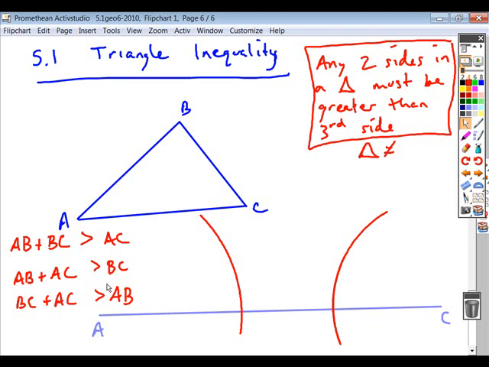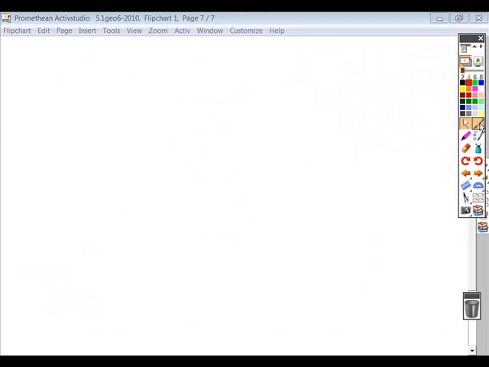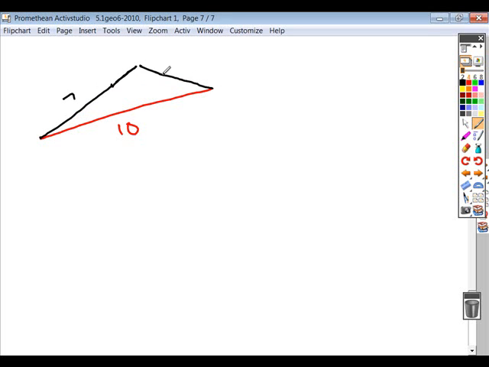So the only way that you can actually have a triangle enclose a space is if the sum of any two sides is greater than the third side. If I had a case where this was 10, and this side was 7, and this side was 3, would these sides meet right there?